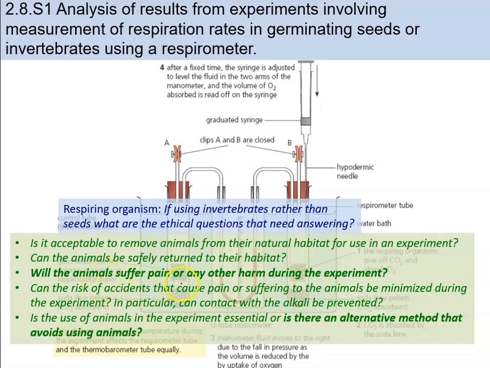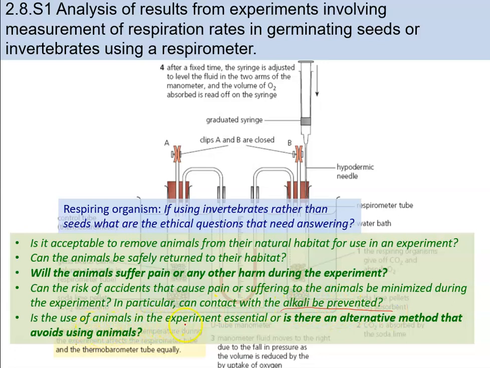Will the animals suffer pain or any harm? You cannot confirm if the animal is suffering or not, so no way. You have to just give up using the animal. Can the risk of accidents that cause pain or suffering to the animal be minimized during the experiment? In particular, can contact with the alkali be prevented?